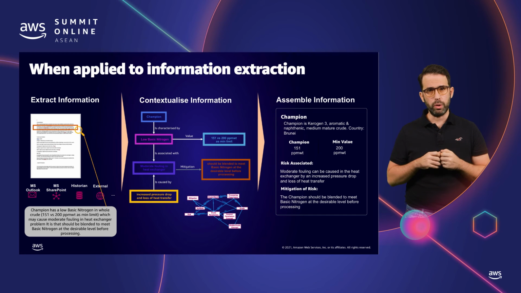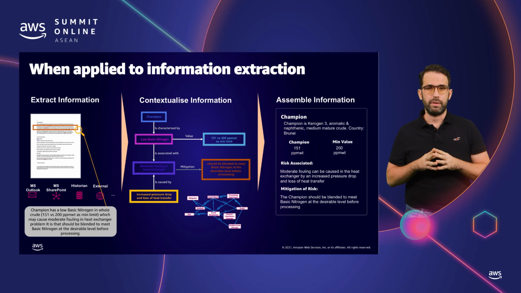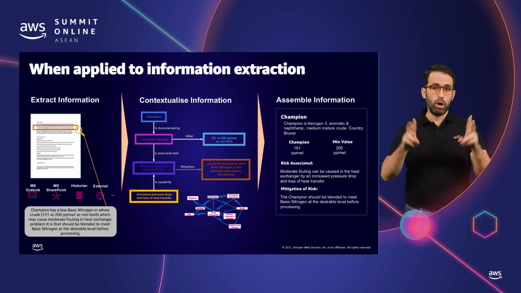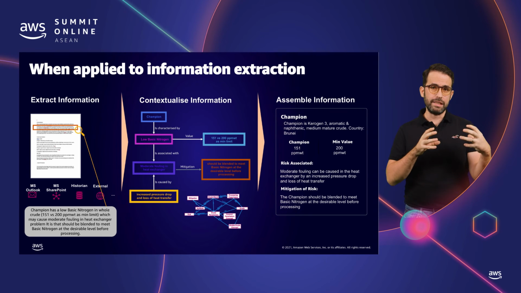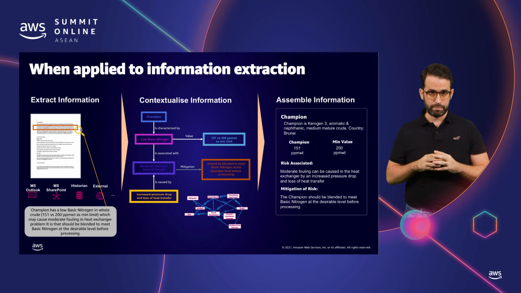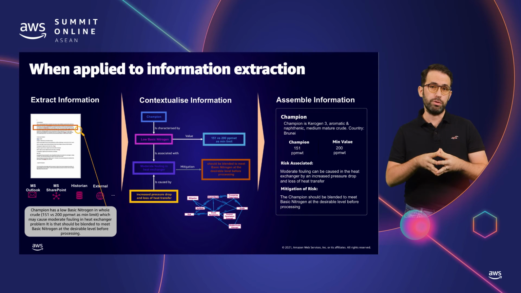In this example, we are recognizing an entity or a crude of type Champion and detecting a relationship between this entity and another entity, here of type low basic nitrogen. This relationship is classified as type "is characterized by", and so on and so forth, iteratively allowing the knowledge graph to grow through time through the detection of new facts.